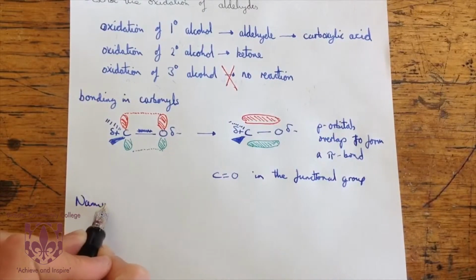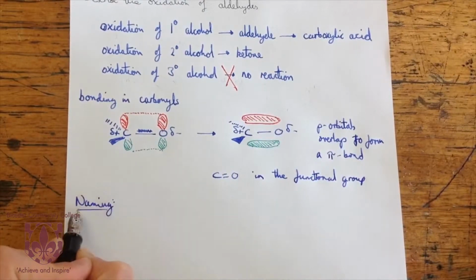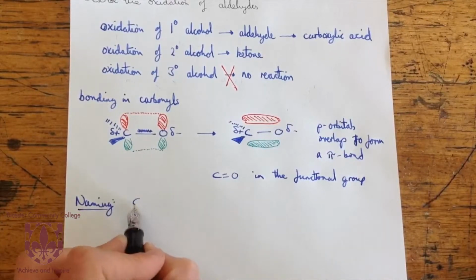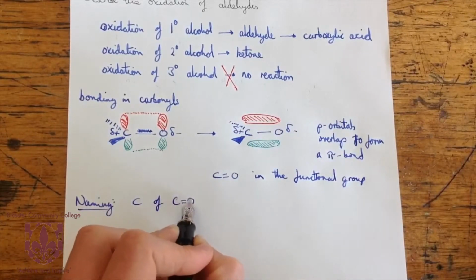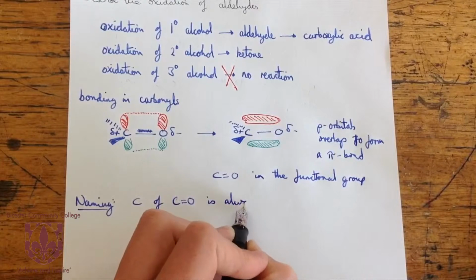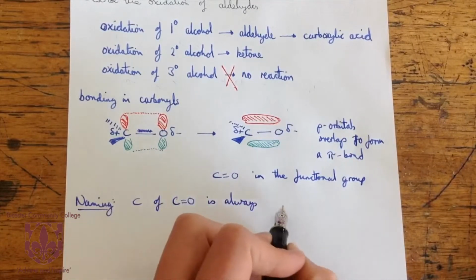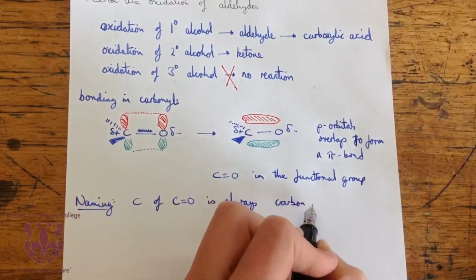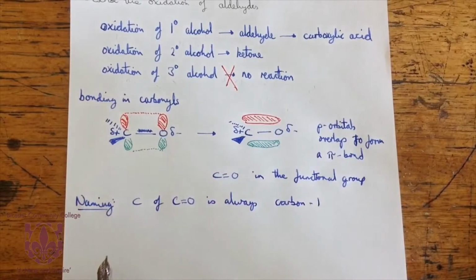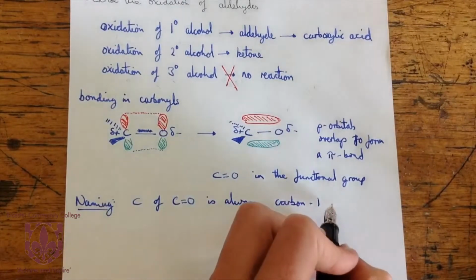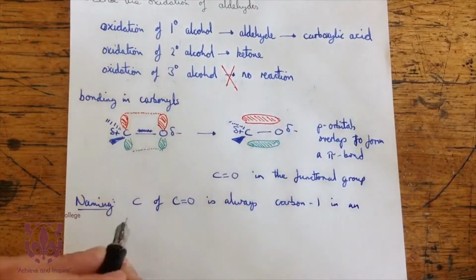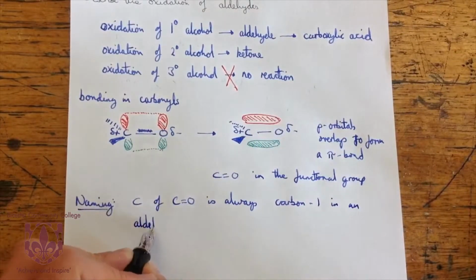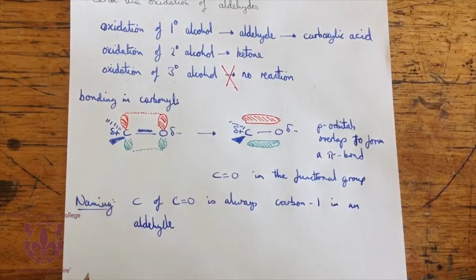So naming carbonyl compounds. The C of the C double bond O is always carbon 1. Sorry, in an aldehyde. Got to be a little bit more specific there. So, for example, we could have these three compounds.